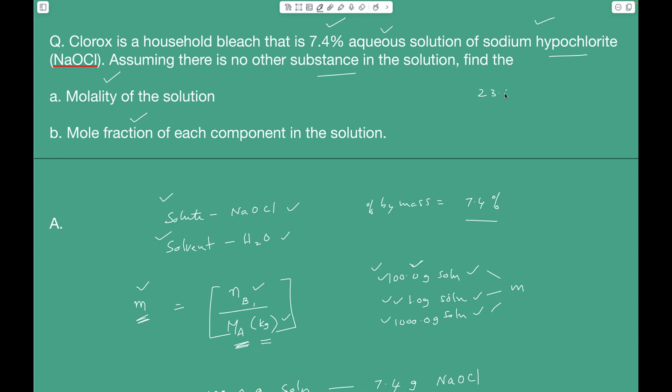Is it 23 plus 16 plus 35.5 approximately? So 6 plus 5, 11 plus 3, 14, 1, 7, 74.5. So the molar mass of sodium hypochlorite is 74.5 gram per mole.